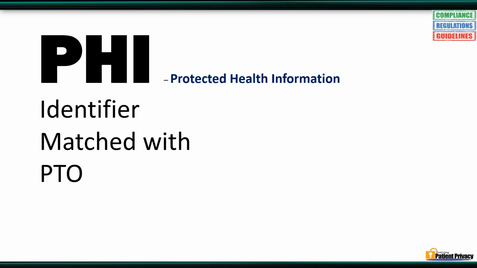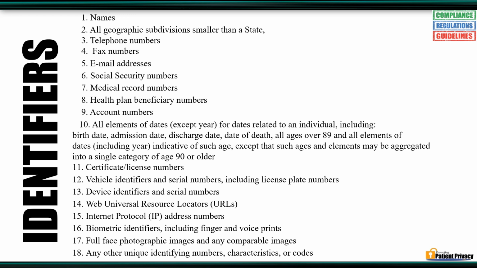Under HIPAA, we protect what is called PHI, Protected Health Information. It's an identifier matched with any payment, treatment, or healthcare operations information. Under HIPAA, these are the 18 identifiers. So everything from your name to your medical record number, your social security number, and also take note of number 18, any other unique identifying numbers, characteristics, or codes.